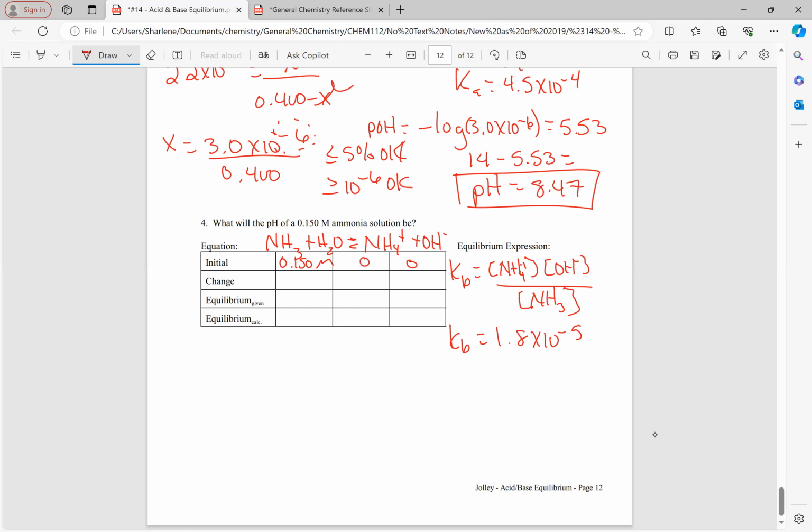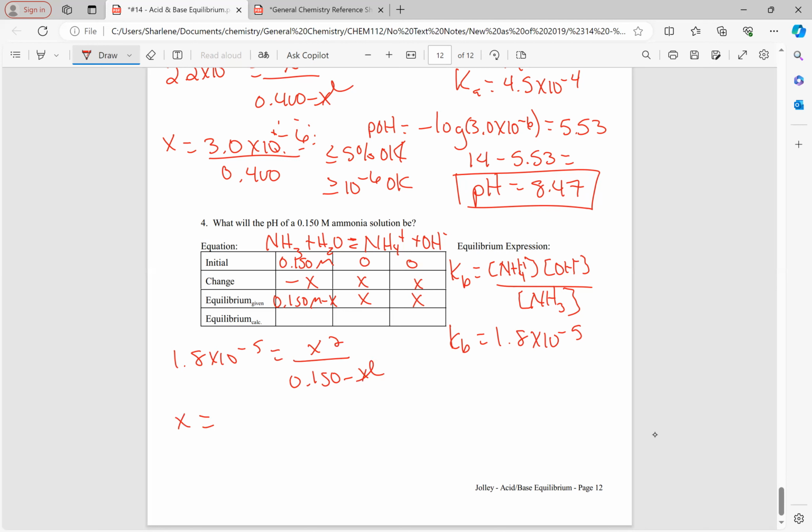I didn't add anything to it. I didn't give you any equilibrium concentrations. So 1.8 times 10 to the minus fifth is equal to x squared over 0.150. I'm going to ignore the x.